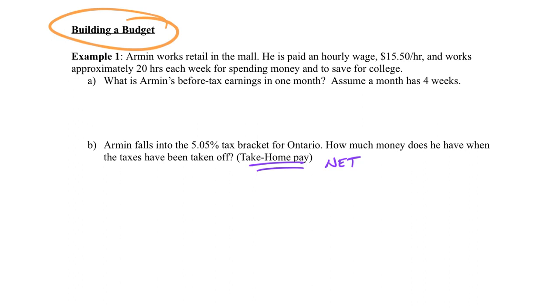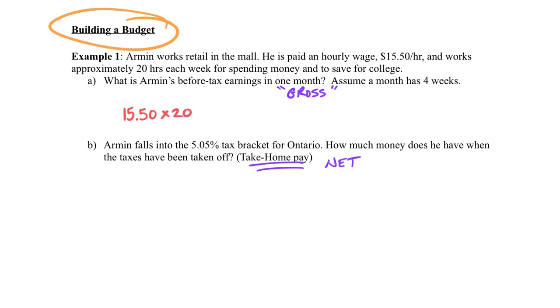Okay, we're back. So if you worked your way through A, what is Armin's before tax earnings? That would be referred to as gross earnings. If I had to calculate that, I'm going to take his hourly wage of $15.50. He works approximately 20 hours per week.